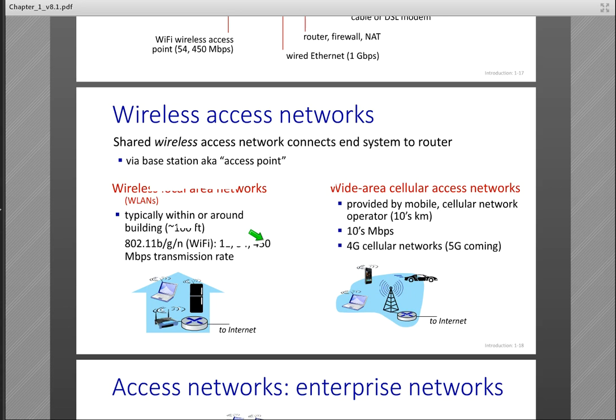Its transmission rate is between 11 megabits per second and 550 megabits per second, and in the newer series, AC or AD, its speed is more than 1 gigabit per second.